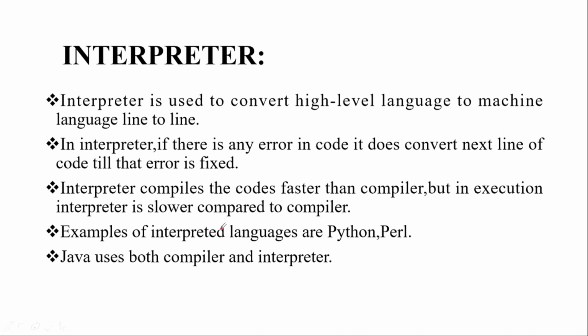Examples of interpreted languages are Python and Perl. Java uses both a compiler and an interpreter.